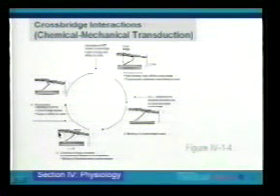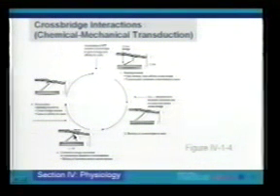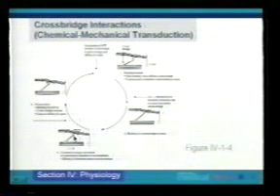But the next one is a very important point for step 1. Once this cross bridge has hinged, you expose a site on the cross bridge that has high affinity for ATP. You specifically expose a site. It has a site for very high affinity for ATP.